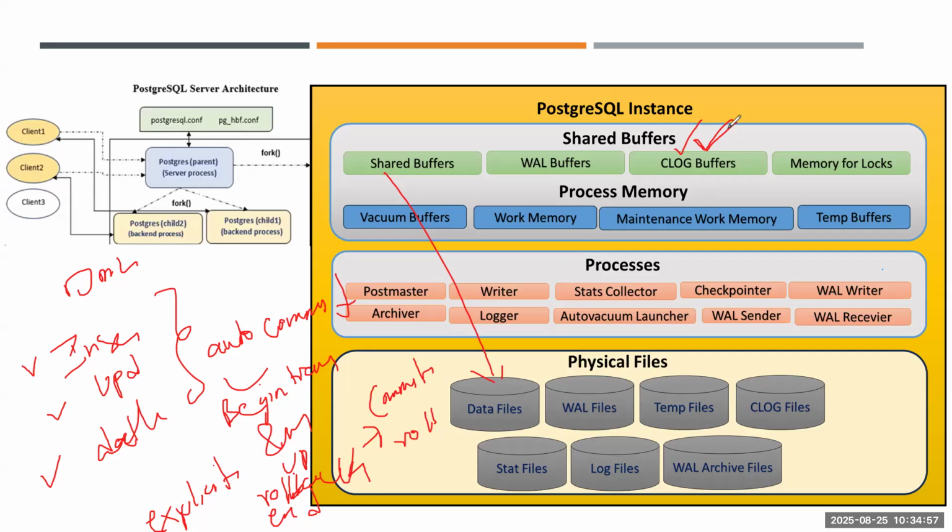Can I get that information? Yes. Whatever junk data, duplicate data, committed data, or rolled back data, we can read it from the CLOG buffers. The CLOG buffers are the commit log buffers; committed data you can find in the CLOG buffers.